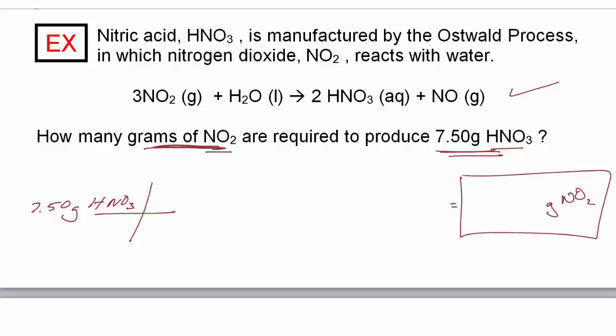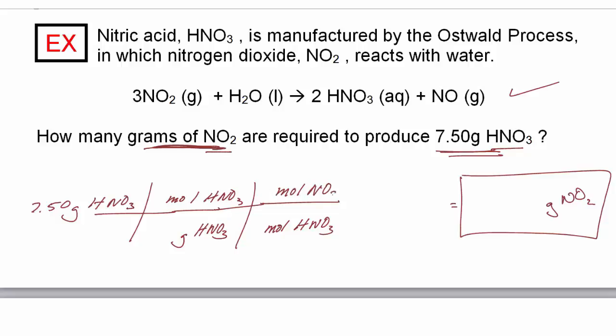So since we're going from one compound to the other, we have to use the mole bridge. That means we have to be in moles. So get the molar mass first of nitric acid. And since we're in moles, now we're ready for the mole bridge. And we want to end up in nitrogen dioxide, so we need that on top.